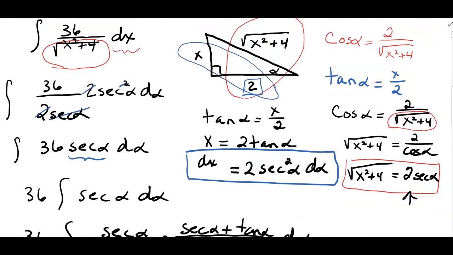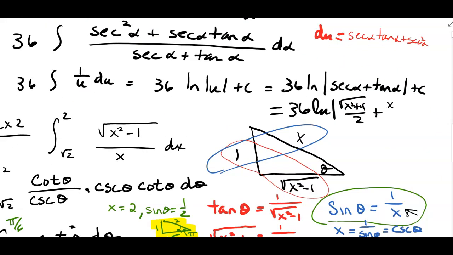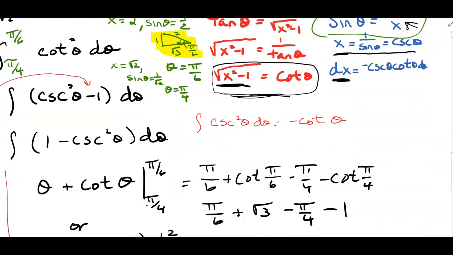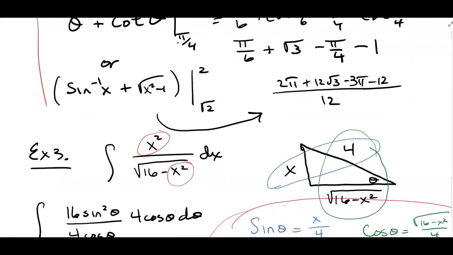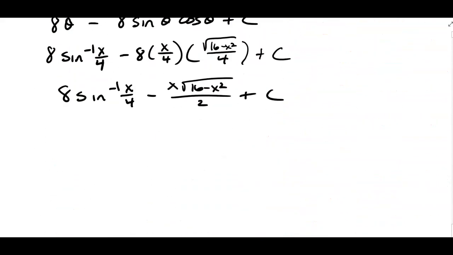And your tan theta is right there, is x over 2. So it's just that one last step I neglected in the first problem, so just go back and fix that. But yes, you do need to plug those numbers back in. Plug those x functions back into your problem for your final answer. This is now our final answer on number 1. We did it on number 2 as you scroll through because we did the definite. We just did it on the last one.